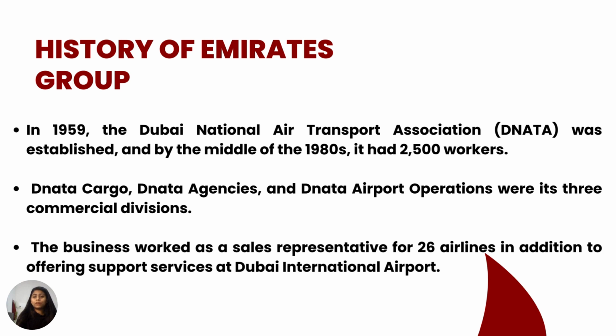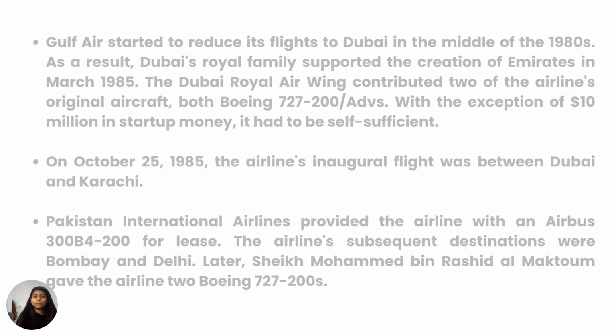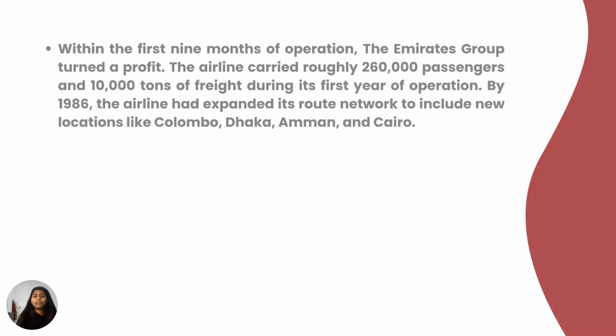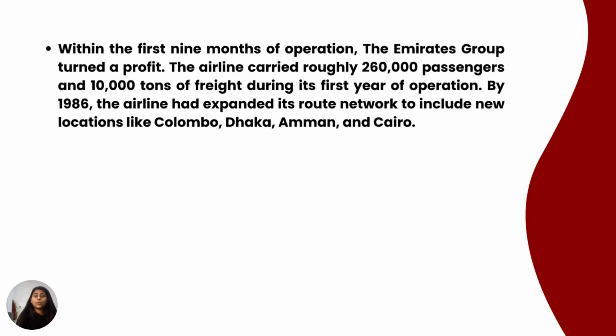DANATA was formed and established, then it started operations to different countries, and Emirates was formed. Emirates took flights to different areas, and within the first 9 months of operation it turned a profit. So that was the major history of Emirates.